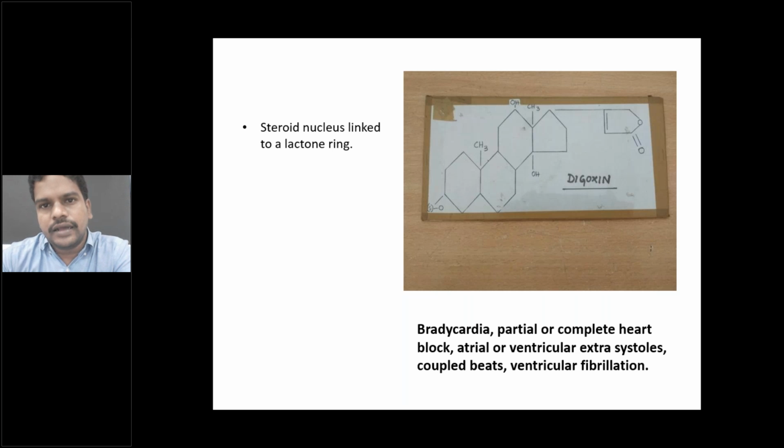Then coming to the side effects of digoxin: bradycardia, partial or complete heart block, atrial or ventricular extrasystoles, coupled beats, ventricular fibrillation. These are the side effects of digoxin.